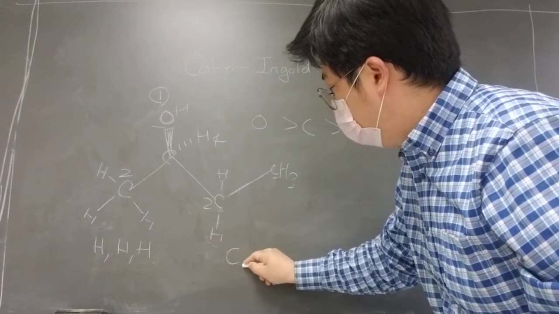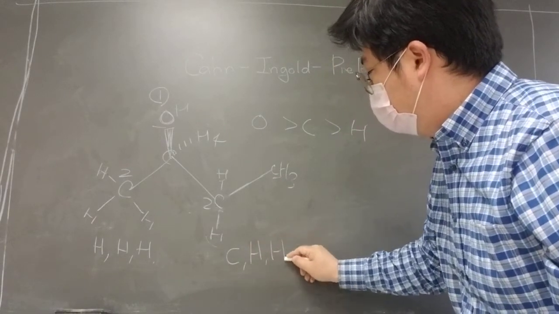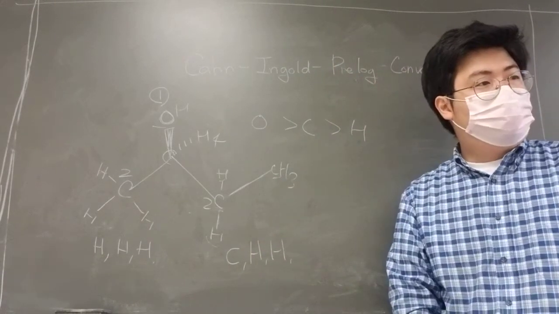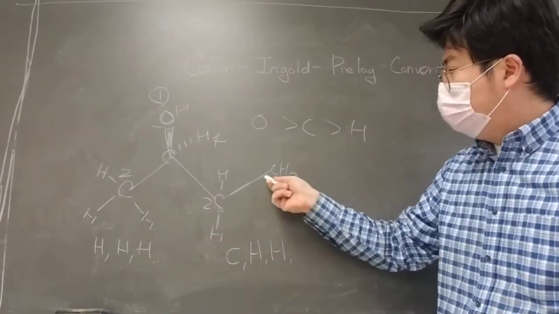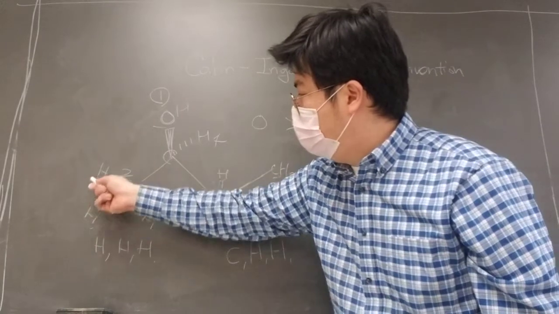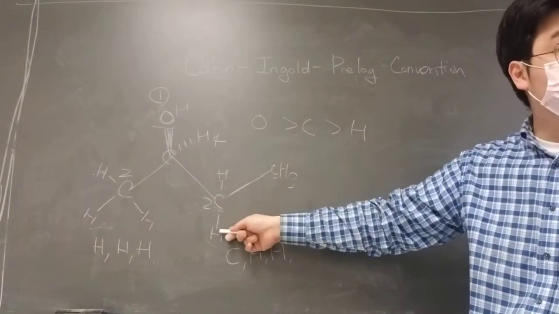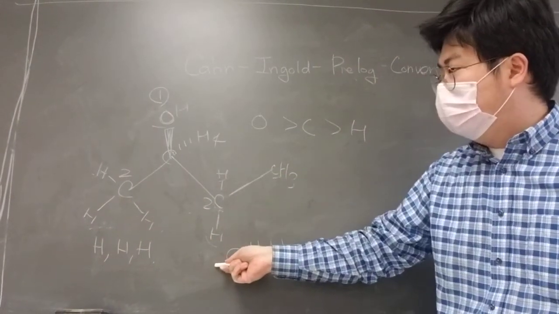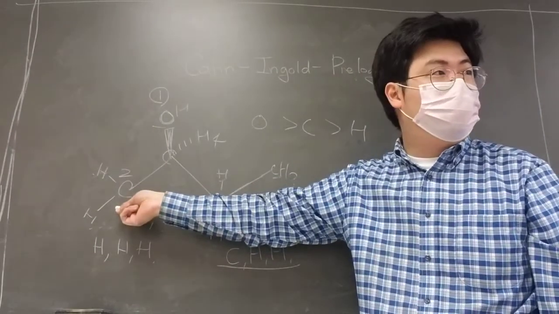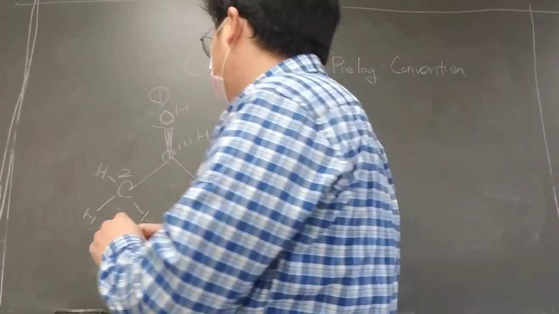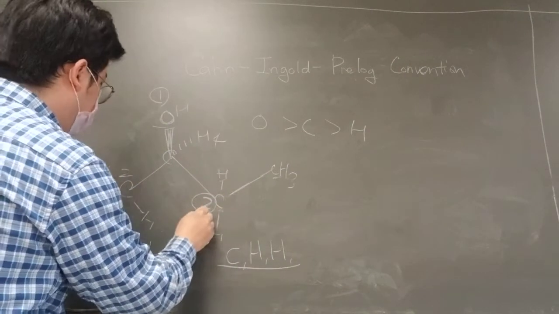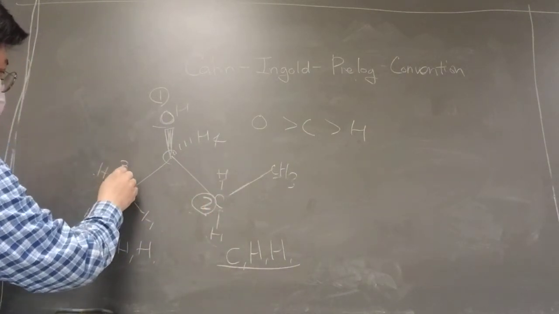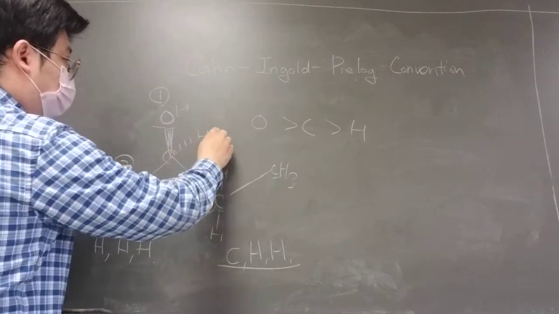So it'll be carbon, hydrogen, hydrogen. So as you can see, among these two same carbons, because of the neighboring atoms, 3 hydrogens here versus 1 carbon and 2 hydrogens, this is higher than this carbon in priority. So now this is going to be 2, this is going to be 3rd, and this is 4th.